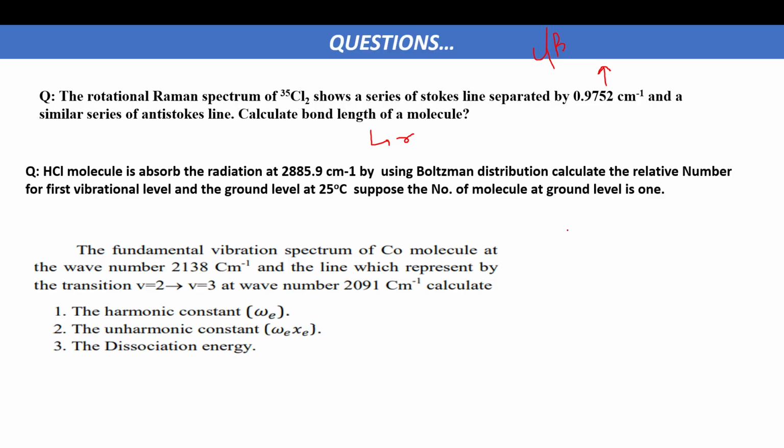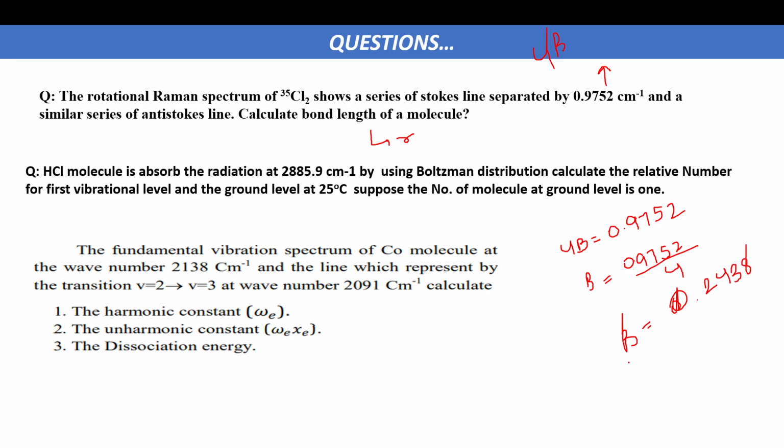So 4B is given to be 0.9752. That means B will be 0.9752 by 4. That means your B will be 0.2438.